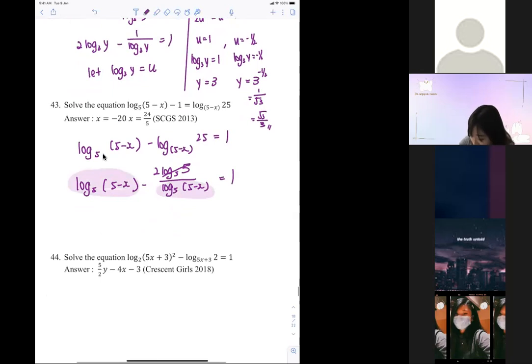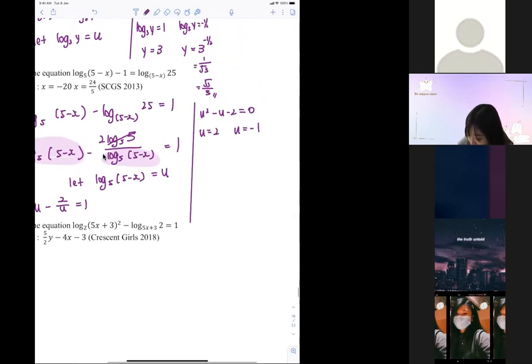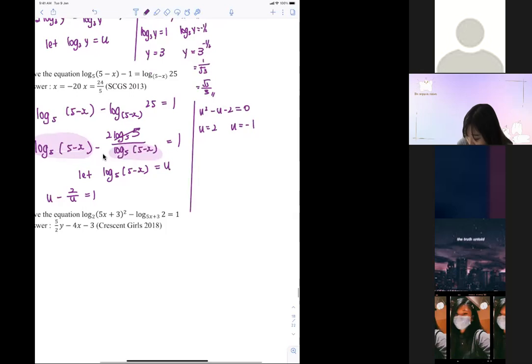Every time 1 on top, 1 below, you don't know what to do, you let log 5, 5 minus x equals to u. So u minus 2 over u equals to 1. Everything times u again. u square minus u minus 2 equals to 0. So u equals to 2 or u equals to minus 1. Change it back. So log 5, 5 minus x equals to 2.